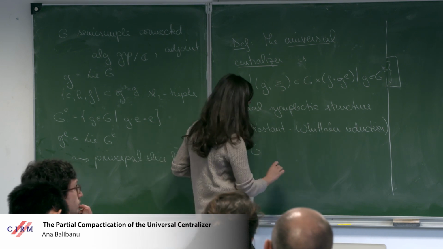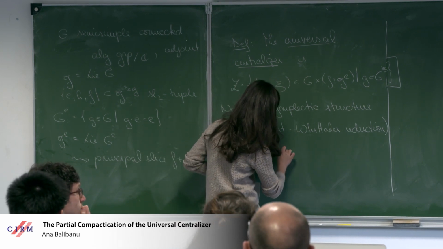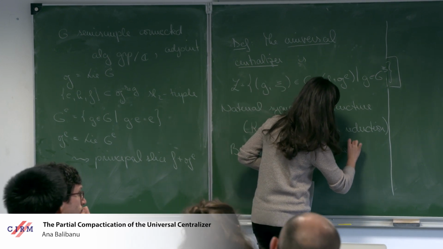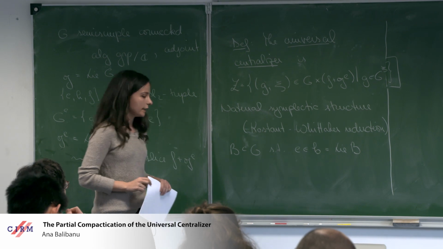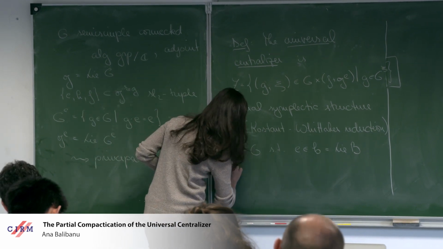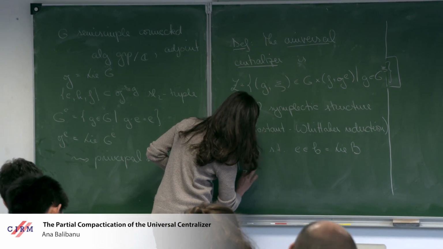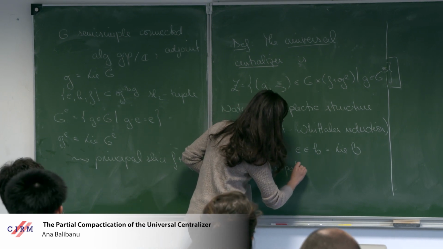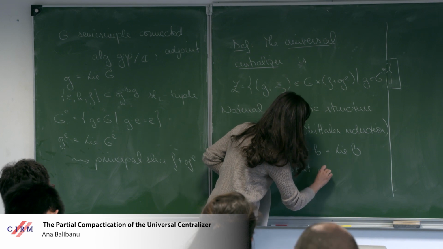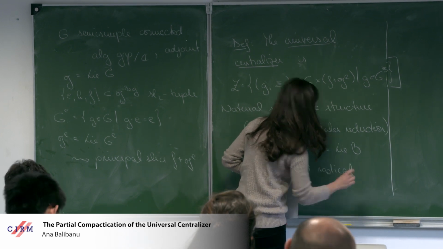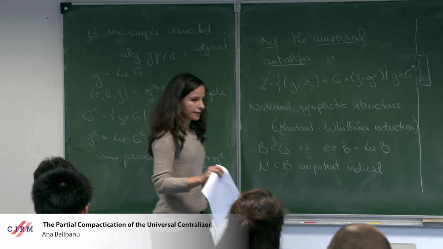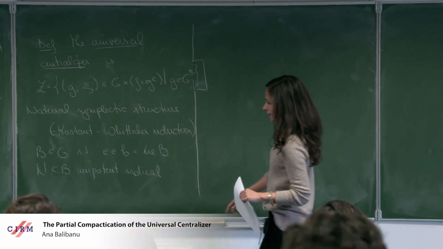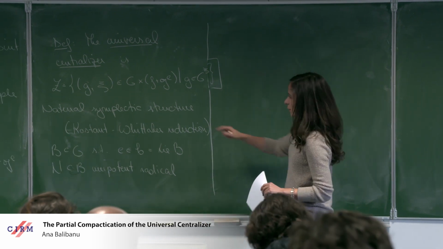B is going to be the unique Borel whose Lie algebra contains the principal nilpotent E, and N is going to be its unipotent radical. And for any subgroup, I'll denote by the corresponding fraktur letter the Lie algebra. But I'll try not to write below this line.